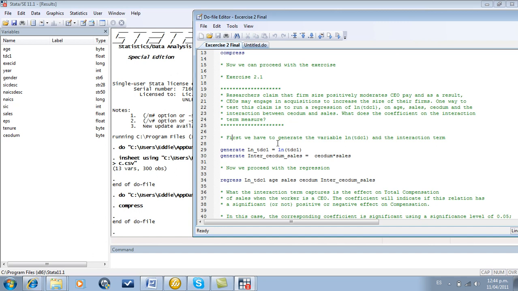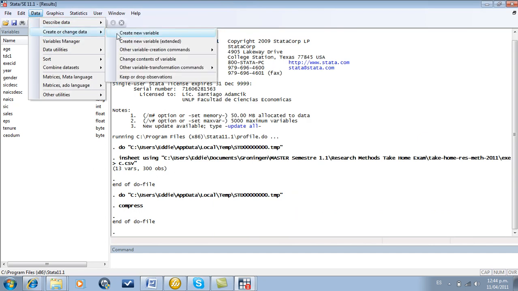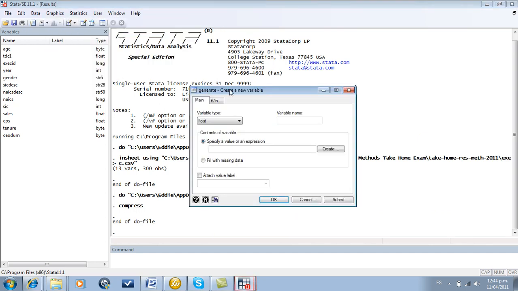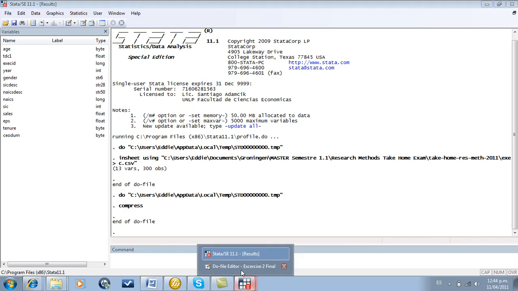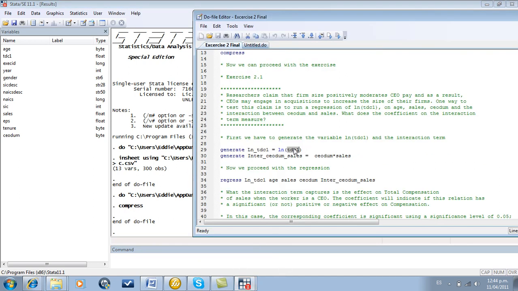Well, first of all, we have to generate the variable logarithm of total compensation and the interaction term. We can do this by using this command again, or we can just do it with the menu bar over here. I will run my do file, it's easier. Okay.